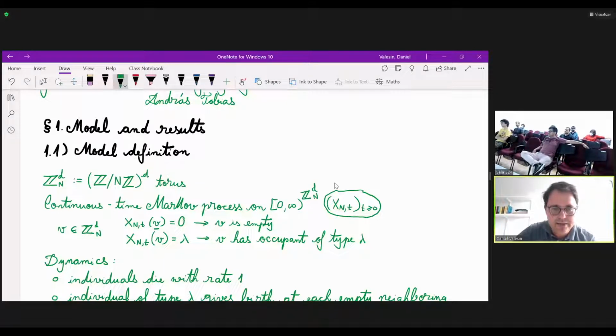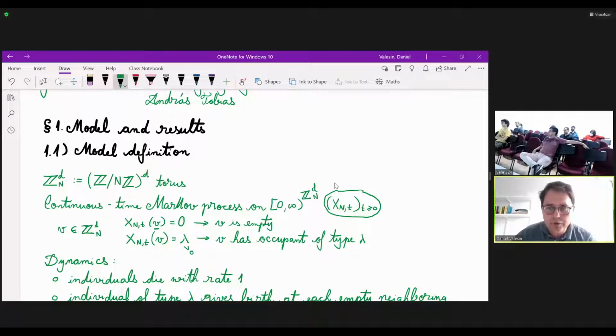Otherwise, if x_n,t(v) is equal to some λ larger than 0, then we say that v has an occupant. You can think of it as an animal living there, and the value λ is also the type of the individual. So you can think that the space of types is the set of all positive real numbers, and individuals who are alive each has a type which is this positive real number.